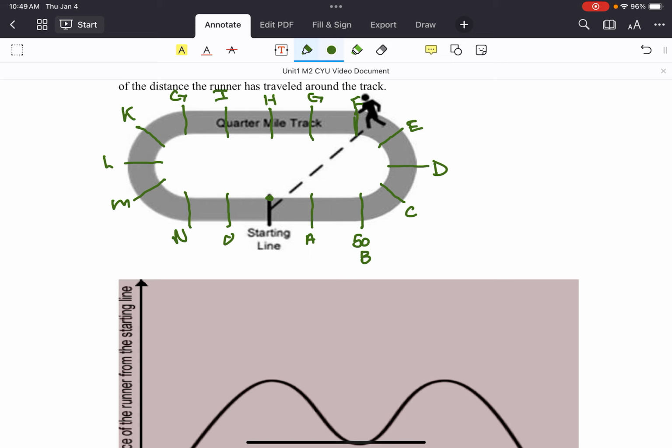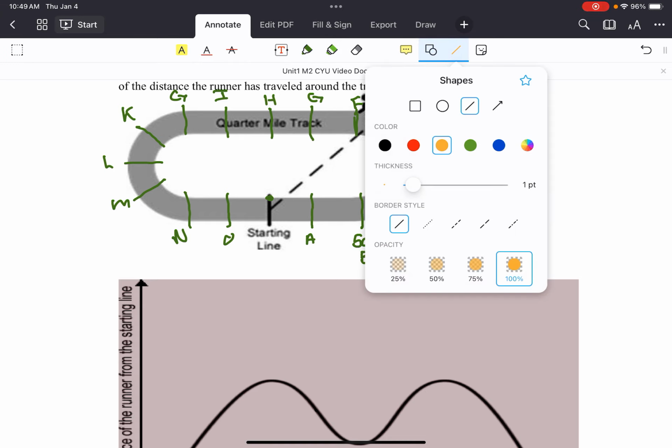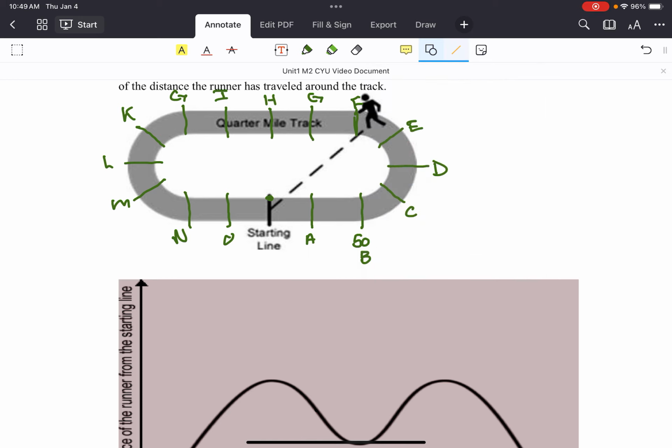Initially, we're on a straightaway, and I find it helpful to make little segments here so you can see what's happening. Going from the start line to point A, the runner traveled 25 meters. The distance from the start also increased 25 meters.